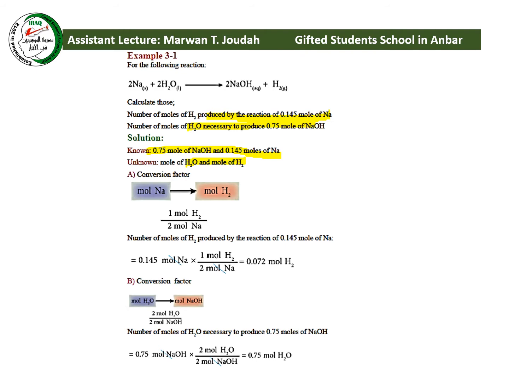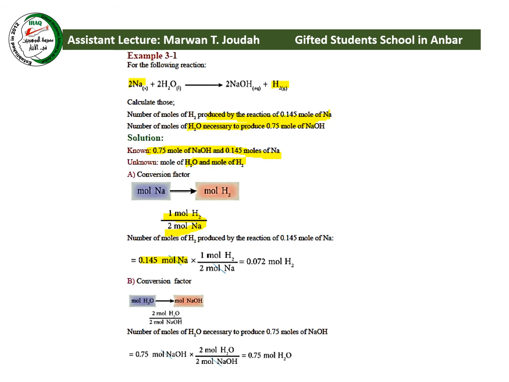What we are going to do is use the number of moles of sodium, which is the known, to find the number of moles of hydrogen, which is the unknown, using the equation. If we want to calculate the number of moles of a substance depending on the number of moles of a known substance, here's what we do. I will depend on the number of moles of sodium, which is given, to calculate the number of moles of hydrogen, the missing one.